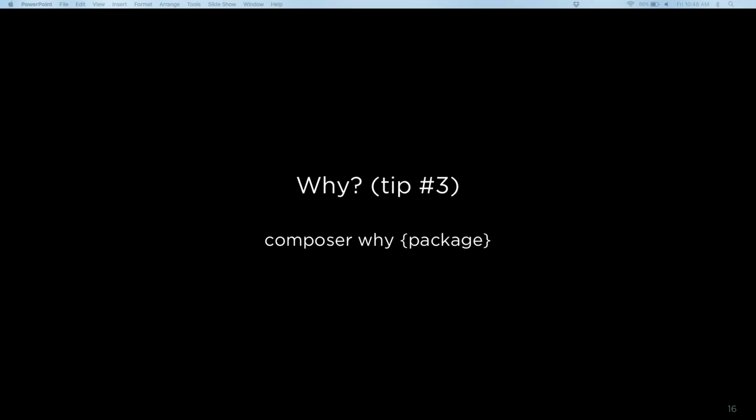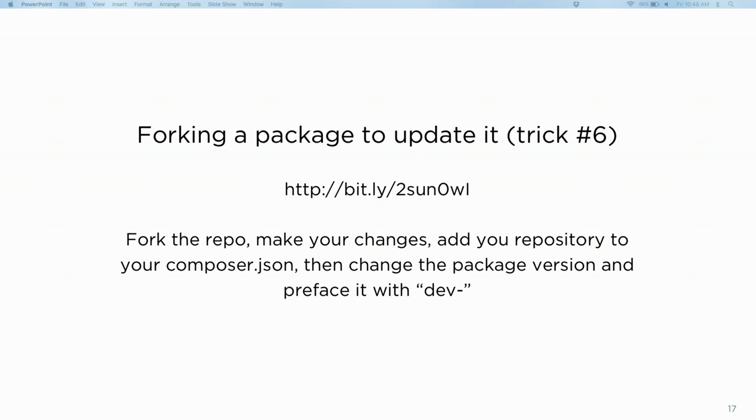Next is a little bit of an advanced trick, but I see this happening all the time. I did this once on a project because the project itself had some flaws in it, and I just wanted to get it changed, get it out the door because the client needed it.